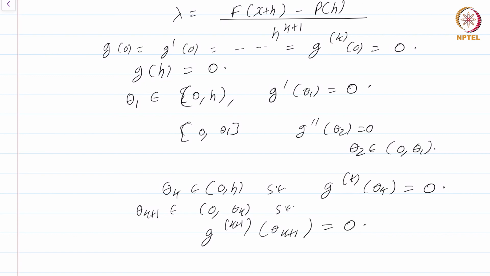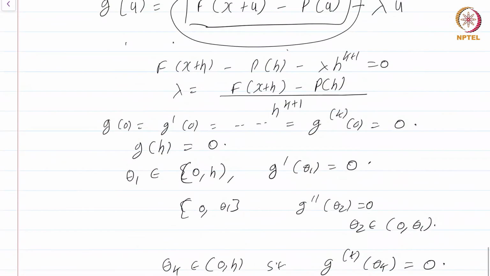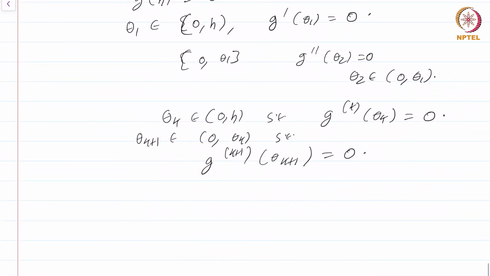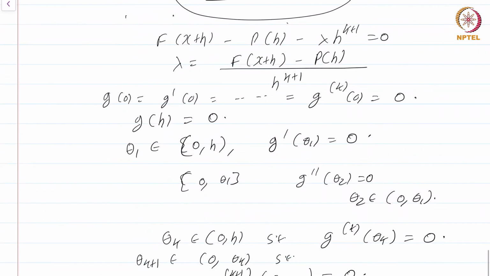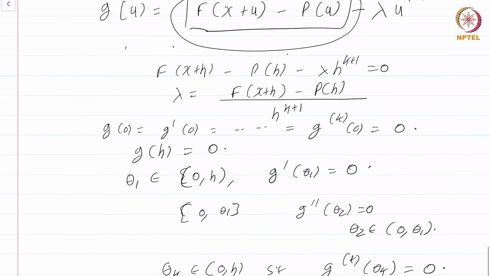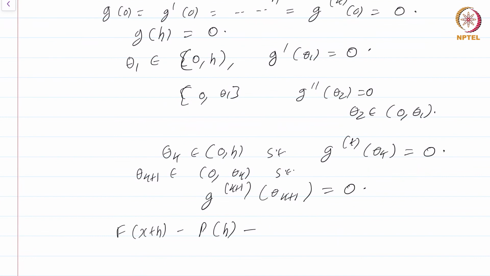Now this is what I want. Well, how is this useful? We have g of u is f of x plus u minus p of u minus lambda u to the power k plus 1.